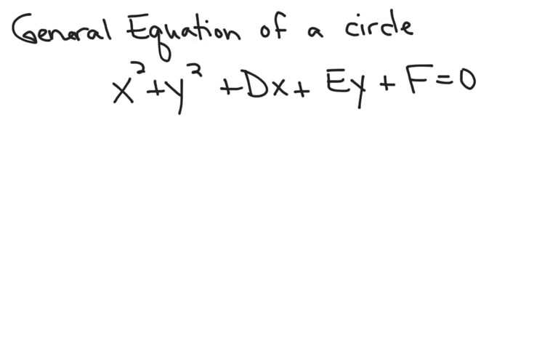One of the things I want you to notice about the general equation of a circle is that the coefficient in front of both x squared and y squared is 1. That's how we're going to know this is a circle, because when we talk about our other conics in the following sections, those coefficients in front of x squared and y squared will not necessarily be 1.